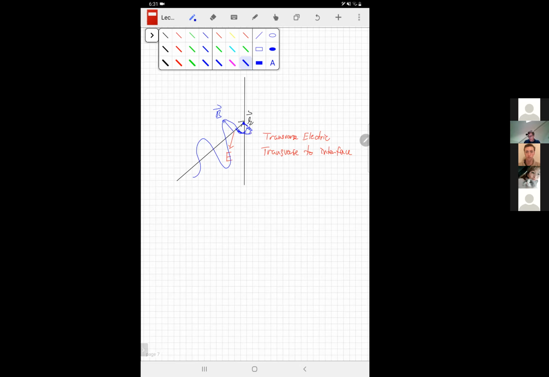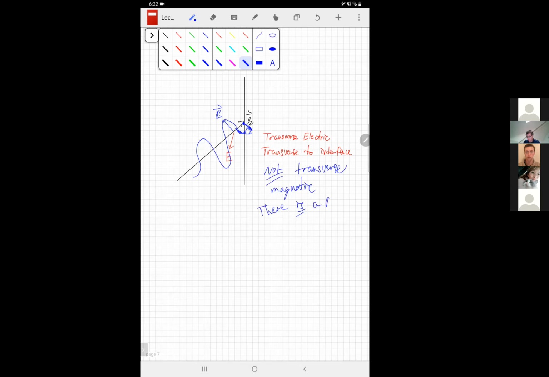And I could take this vector here and say, yeah, it has a vertical component, and that vertical component is not going into the interface. On the other hand, that horizontal component is going into the interface. So this is not transverse magnetic.